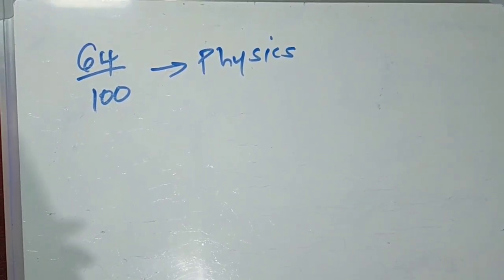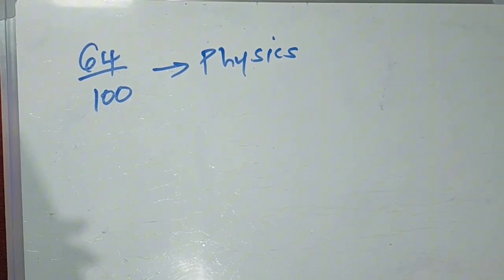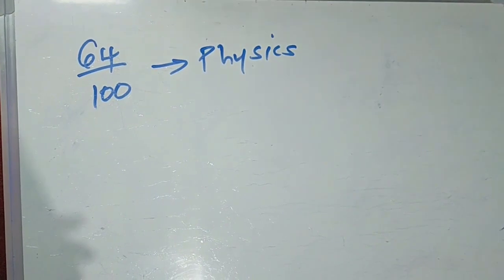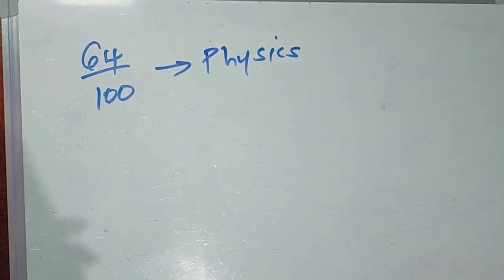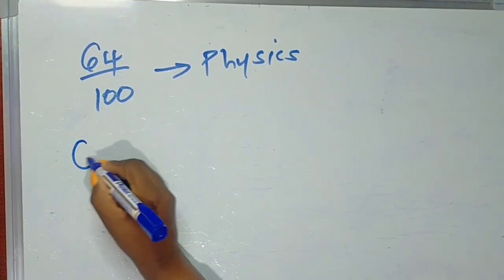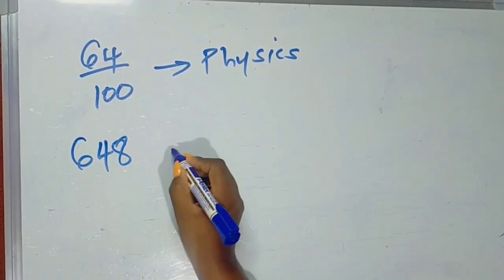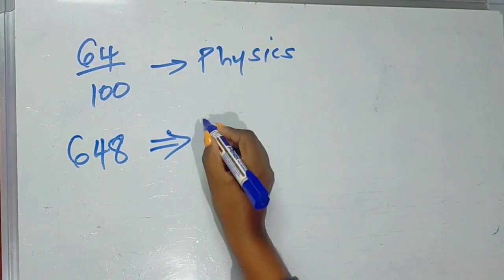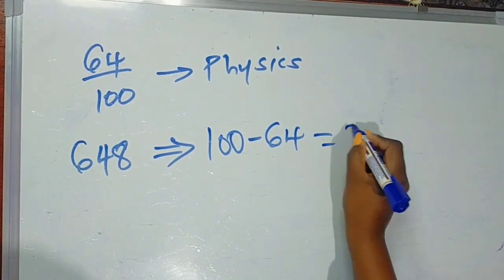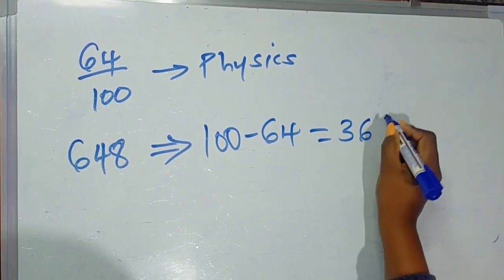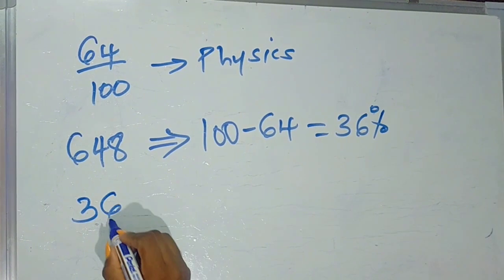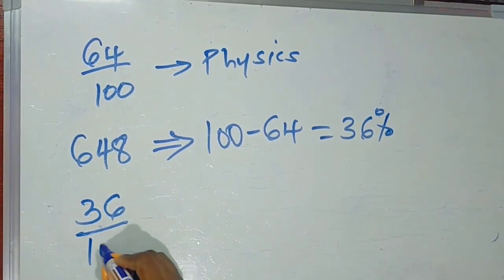It means this 648 is equal to 100 minus 64 in terms of percentage, which is 36%. So 36% do not take physics.